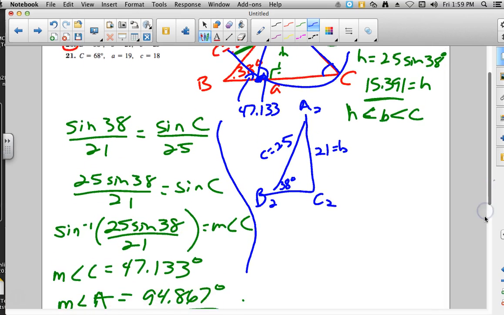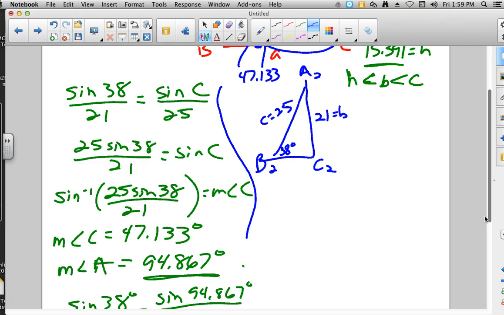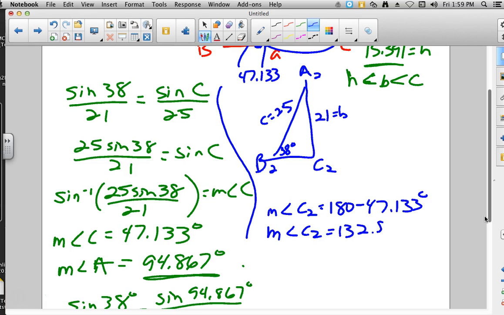And that's because we have a supplementary relationship there, because that's a linear pair that is formed at that position. So we would say the measure of angle C sub 2 equals 180 minus 47.133 degrees. So the measure of angle C sub 2 is 132.867 degrees.